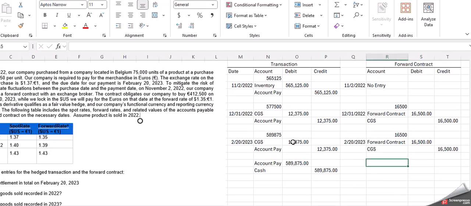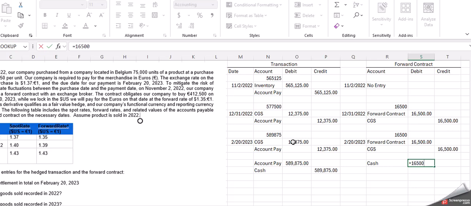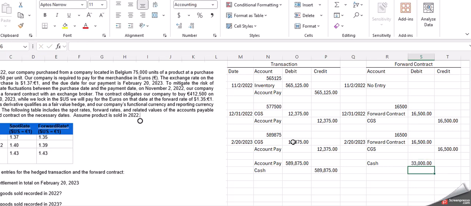Okay, then we settle up that contract. So again, we have 2 entries going into that contract, both for $16,500. So that's how much that broker owes us. So cash comes in from the broker for 16,500 plus 16,500, so 33,000.